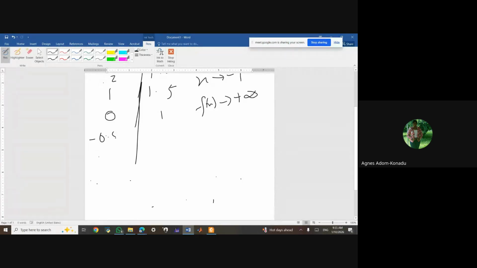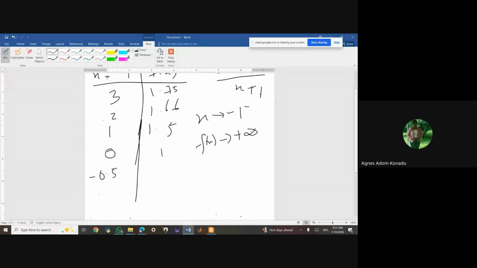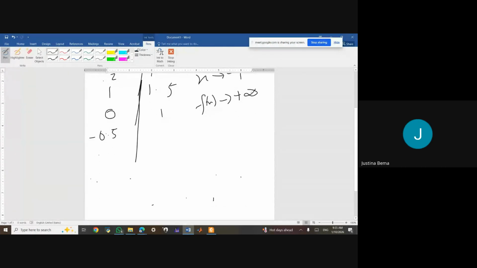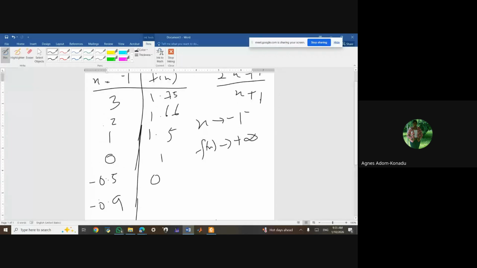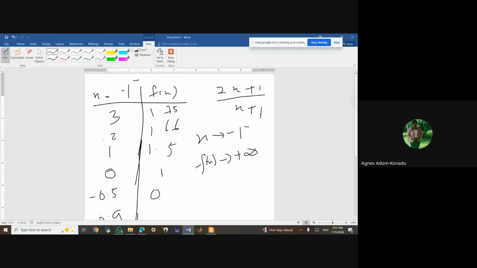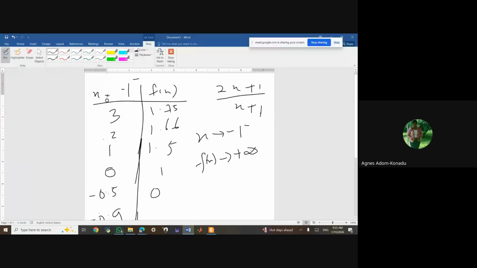Negative 0.5. You get 0. Negative 0.5 gives 0. Let's choose negative 0.9. Negative 8.